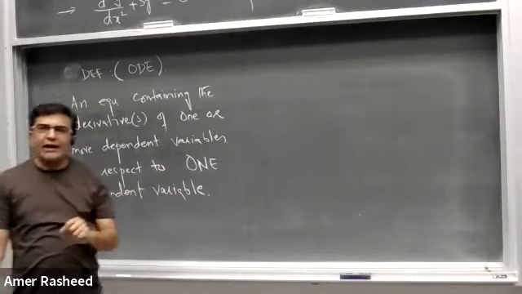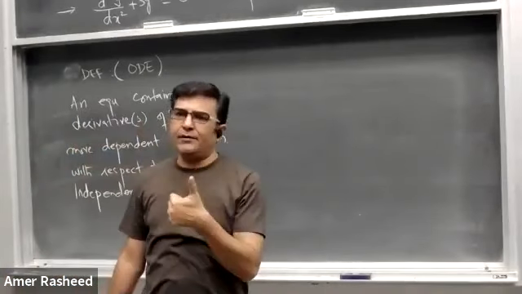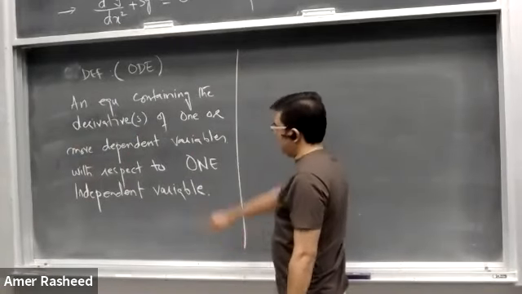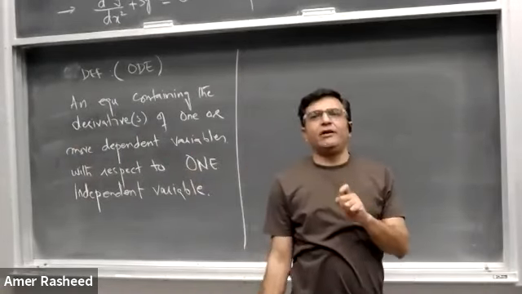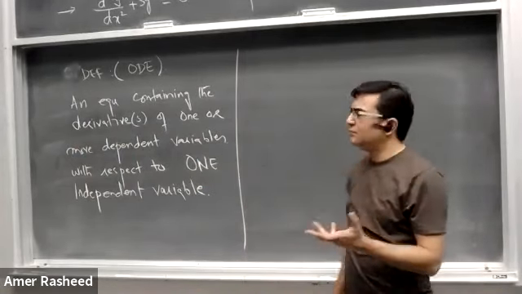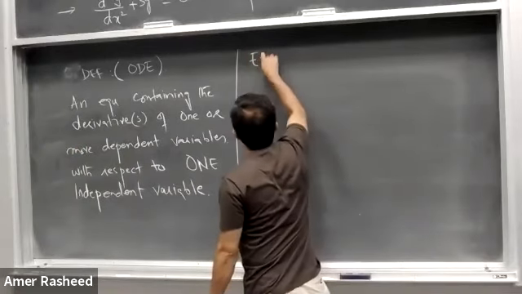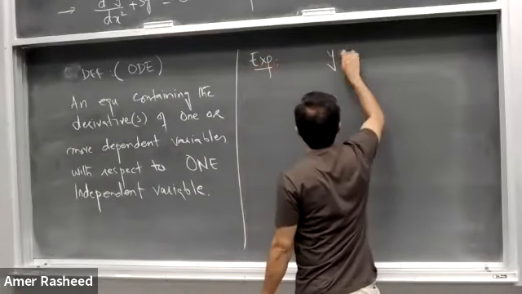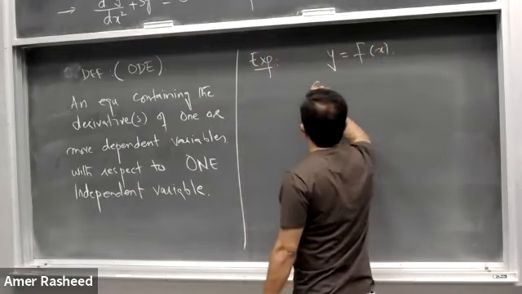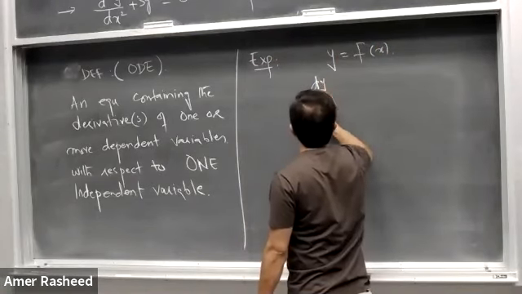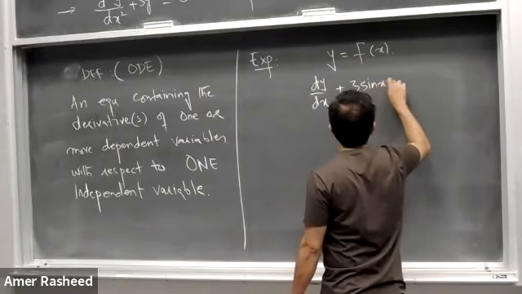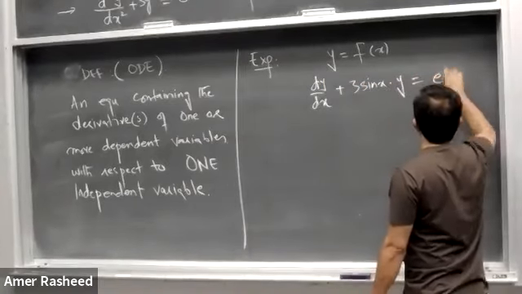So in ODEs, the independent variable can only be one. Dependent variables could be more than one. For example, in this way, if there is only one independent variable, we can take only the ordinary derivatives of that function. For example, if we have a function y is equal to f of x, dy by dx plus 3 sine x into y is equal to maybe e raised to the power x.